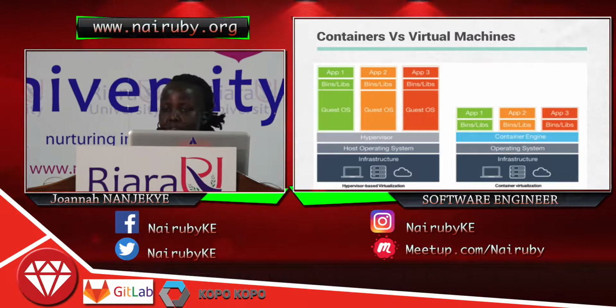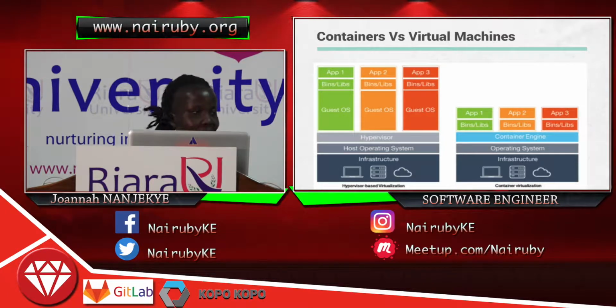There are instances where virtual machines are actually your best option. For example, virtual machines will work best when you want to have system separation. But whenever you just need application separation, containers will work best.